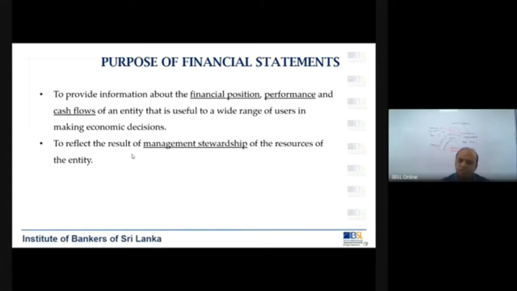So the governance of the organization is a reflection in these financial statements. If you are managing your resources or your company properly, then it should get reflected in your financial statements. If it is going on the wrong path, obviously you might make losses, there will be negative cash flows, a lot of issues will come.